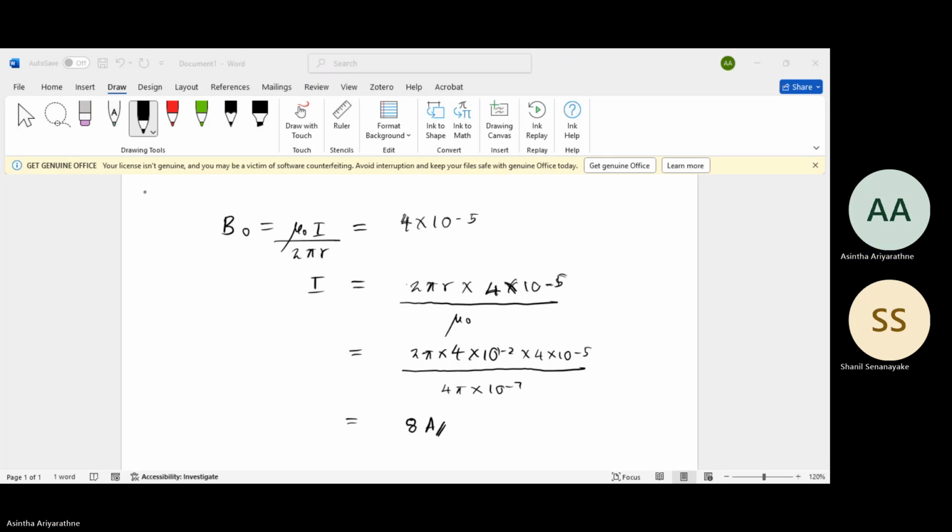So the figure is this. Right, so this is 90 degrees.